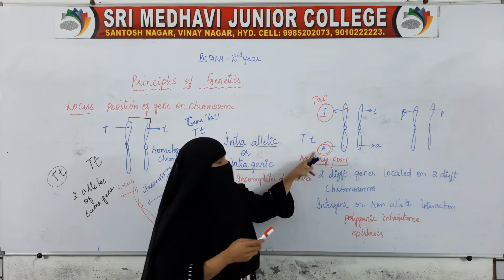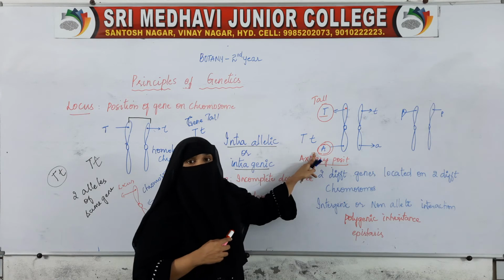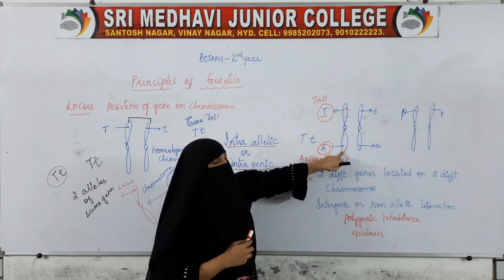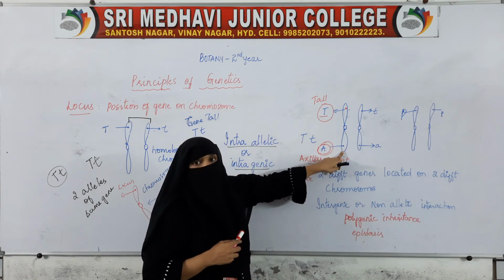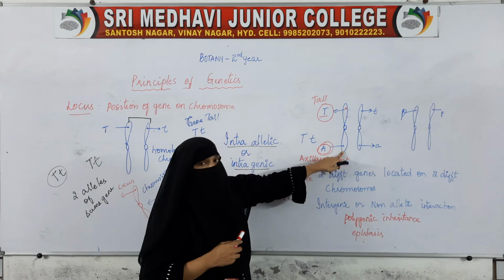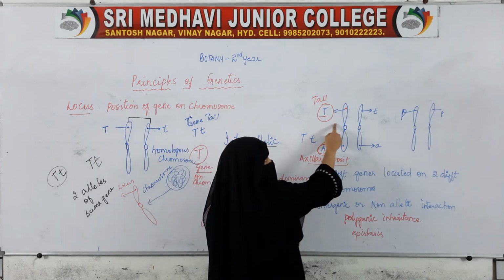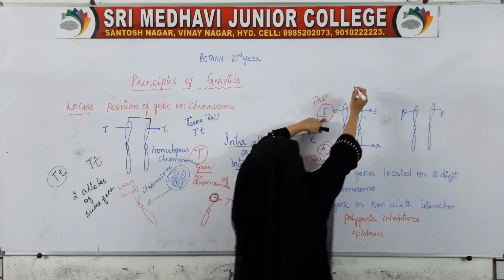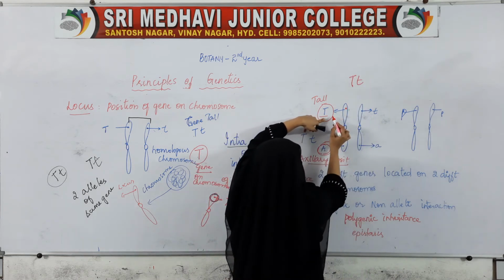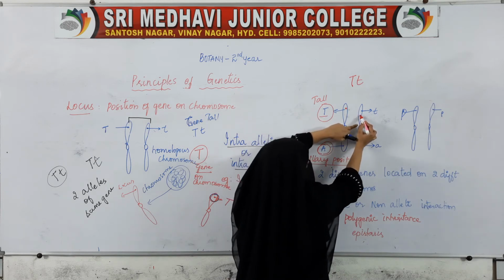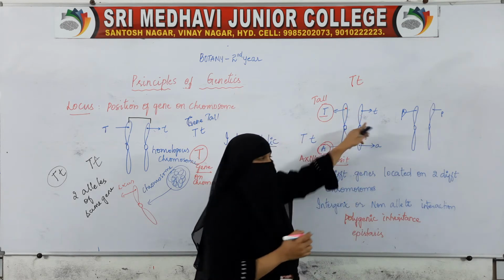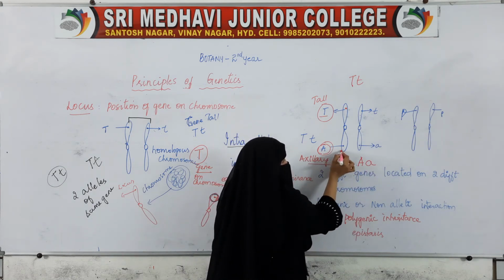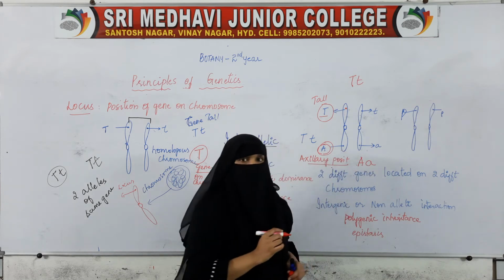Both these genes for two different characters are present on the same chromosome. Now another homologous chromosome will be there, because for each character we have two alleles. One allele is on this chromosome and one allele is on the homologous chromosome.